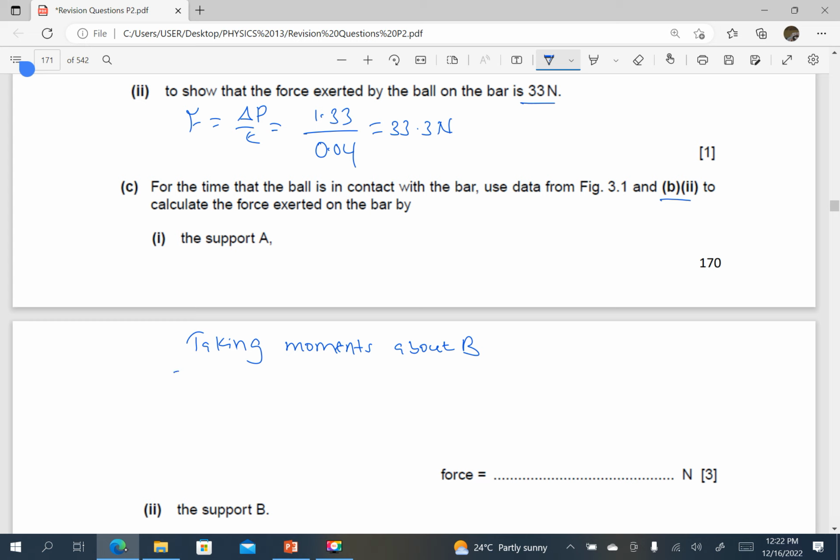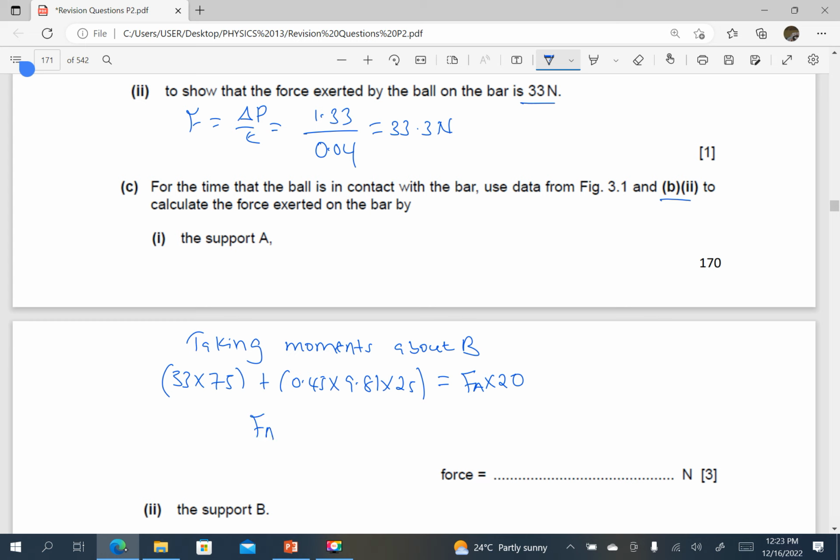So we have 33 times 5, that is for the ball, plus 0.45 times 9.81 times 25, that is the moment caused by the bar. Its weight is at the center at point C. This should be equal to FA times the perpendicular distance, which is 20.